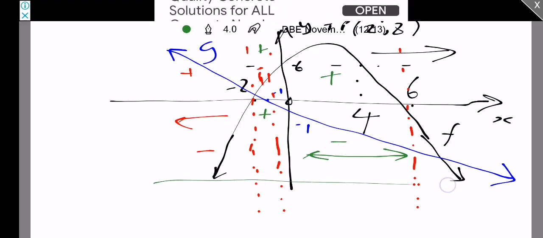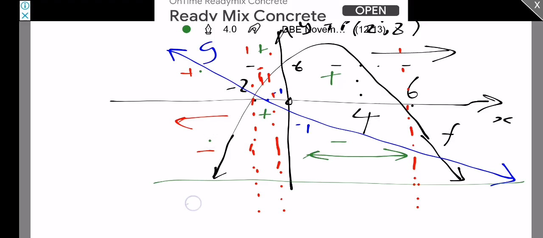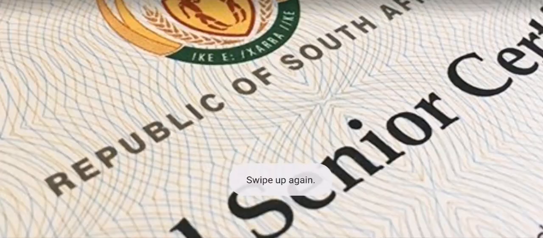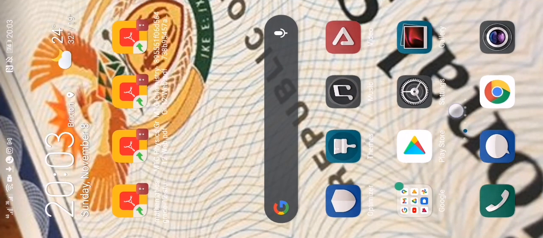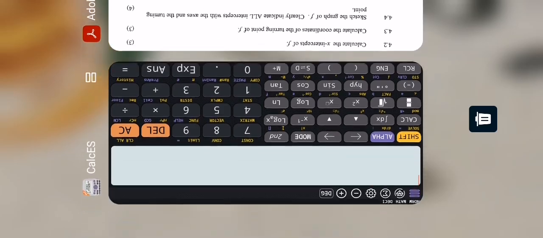Now we are going to multiply the signs. This is positive times negative, it's negative. Positive times positive, it's positive. Positive times negative, it is negative. Now remember the question, oh, I'm sorry about that, guys. I don't know what's wrong with me today.